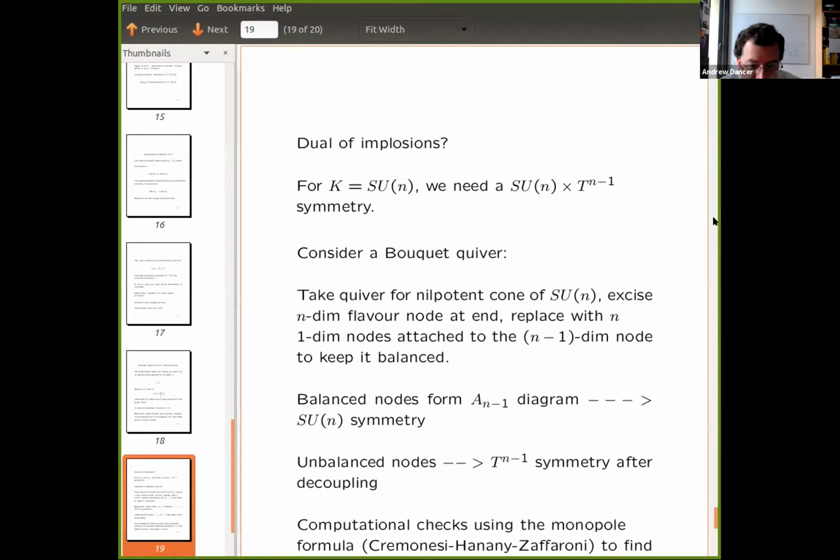So now the balanced nodes form an A_{N-1} diagram as before, which by the principle on the previous slide gives you an SU(N) symmetry. The unbalanced nodes, the nodes of the bouquet, give you the desired abelian symmetry, the T^{N-1} symmetry. So there are many computational checks and checks coming from special cases that one can make.